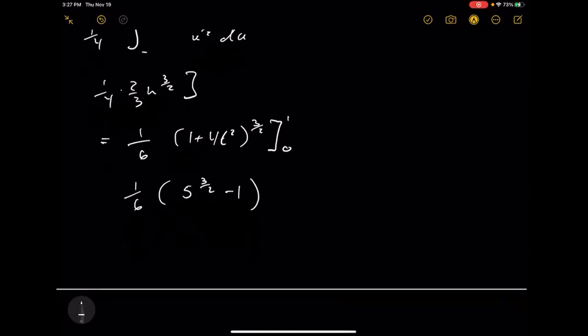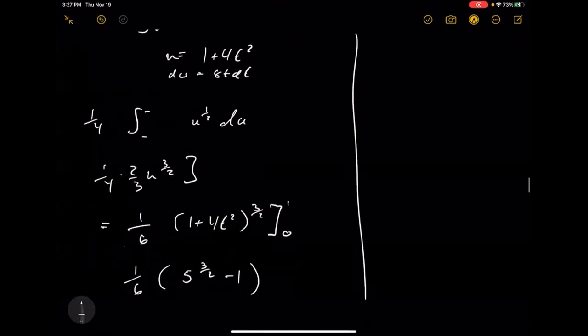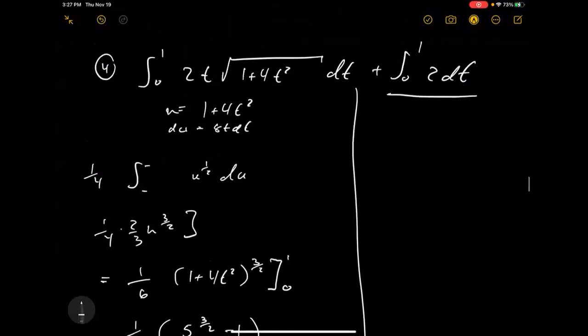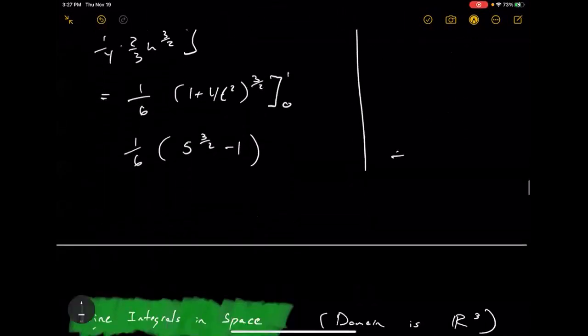And then, let's see. So that's this integral here. What's this integral? Well, this integral is really easy, right? It's just 2. Integrate 2t from 0 to 1, that's 2. Then I add these pieces together, and that should give me my answer.